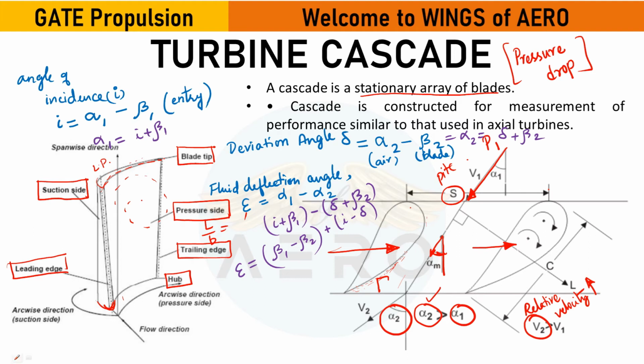Now the last one we have is the camber angle. Camber angle for the blade cascade is denoted by the letter theta equals beta 1 minus beta 2.